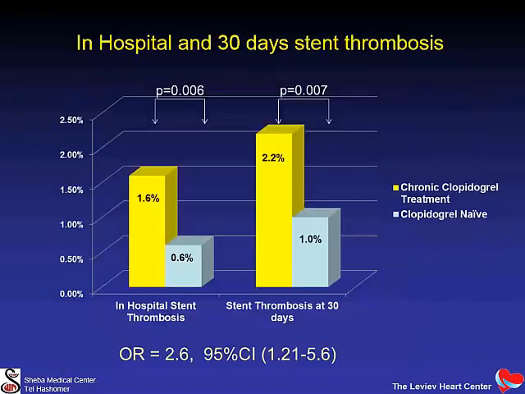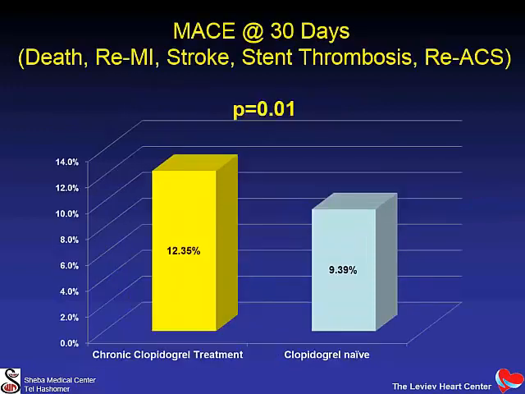And when we followed the patients for 30 days, they were 2.6 times more likely to sustain stent thrombosis during the next 30 days. And that was an independent finding of the differences in the baseline characteristics.